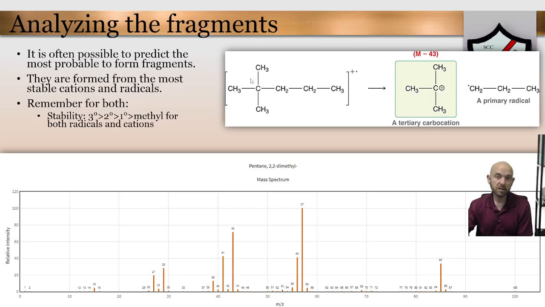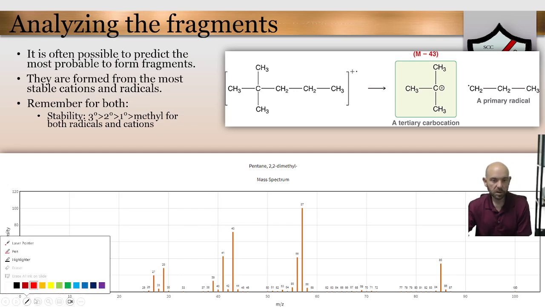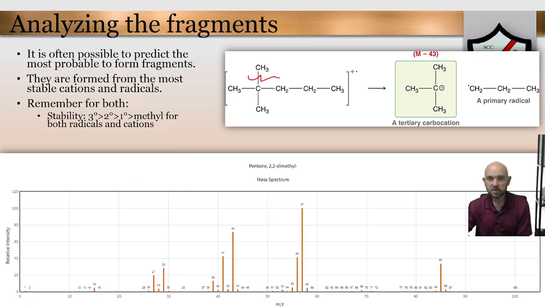Now we can also make a tertiary carbocation by losing this bond here. Notice we can sever that bond and make a tertiary carbocation here and a methyl radical.